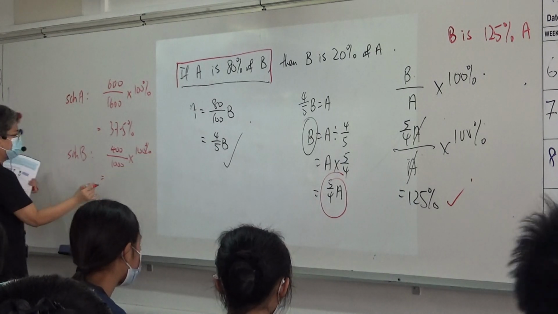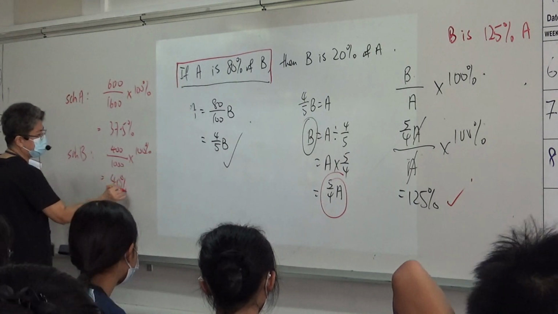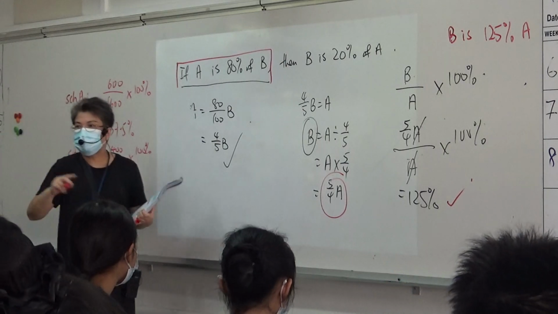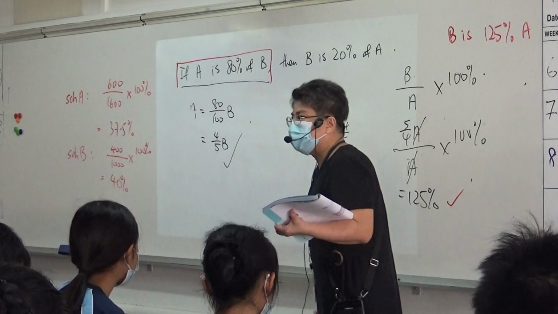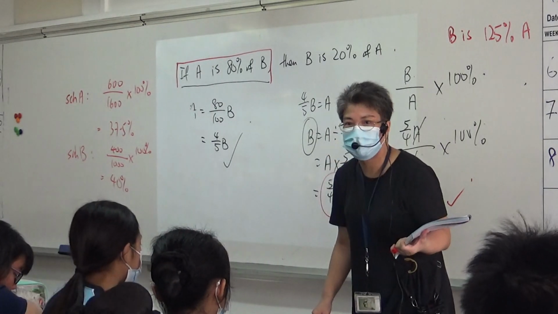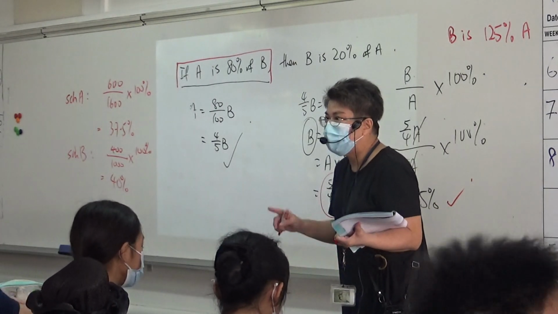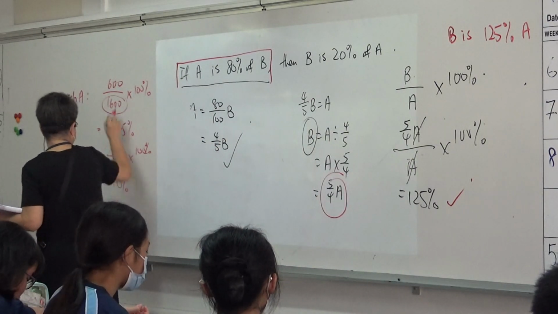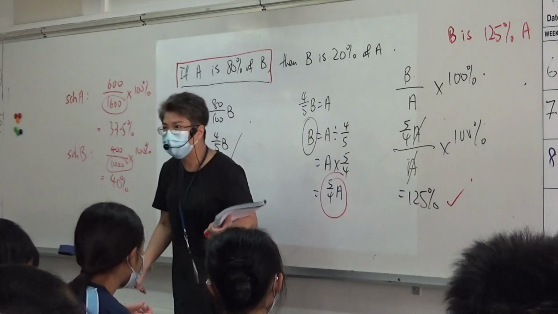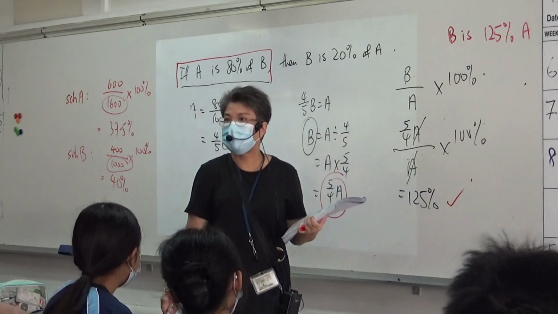So how much is this? 40%, right? Which school has a higher proportion? School B, correct. School B has a higher proportion of participation. We cannot compare the numbers because the base is different. We must make sure that it's the same.